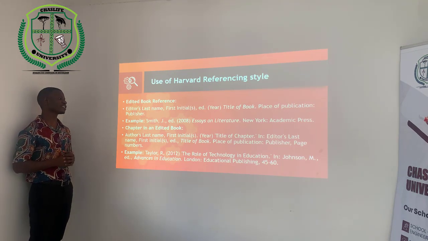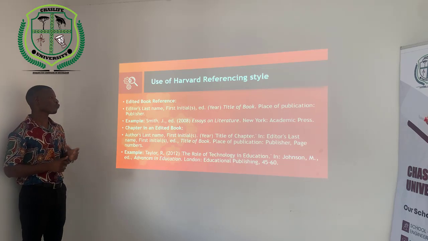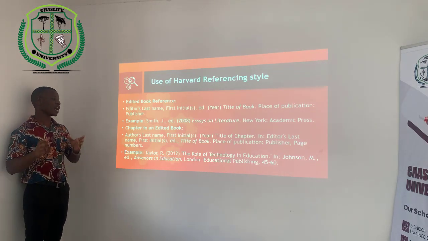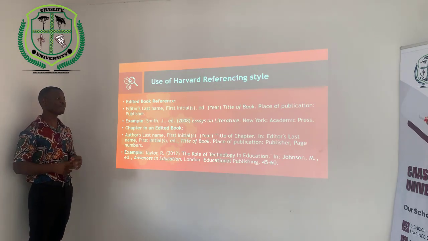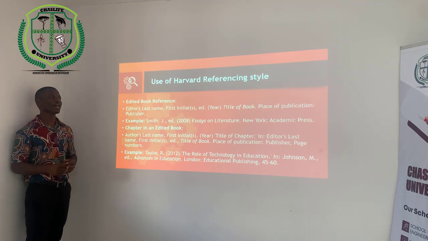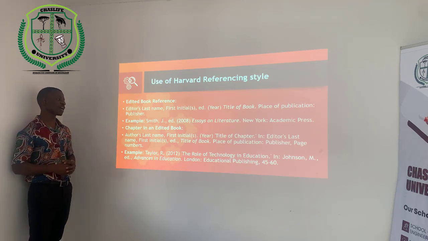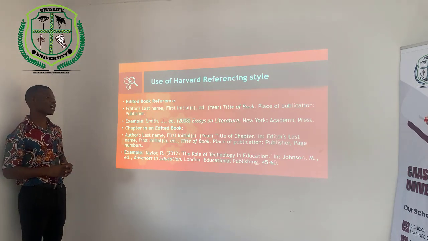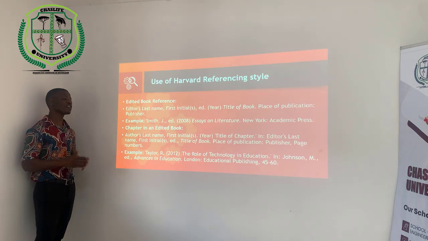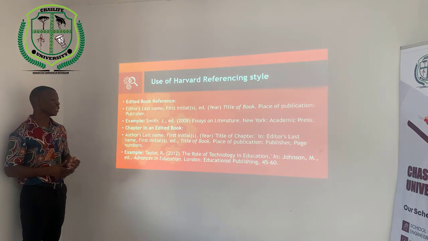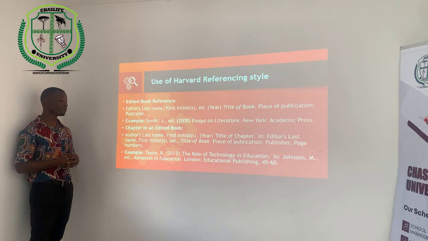When you're looking at chapter in an edited book, we have one practical example there. We're saying author last name, and then the first initial, the year, title of the chapter, in edited last name, and then first initial, title of the book, place of publication, the publisher, and then page number. That is what is really involved. Let's look at the practical example here.